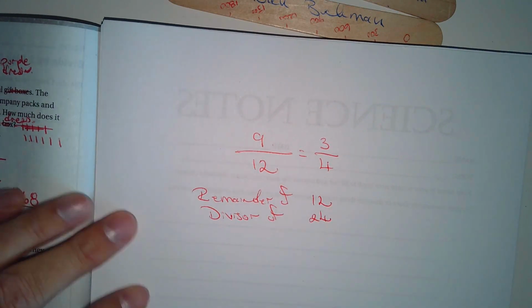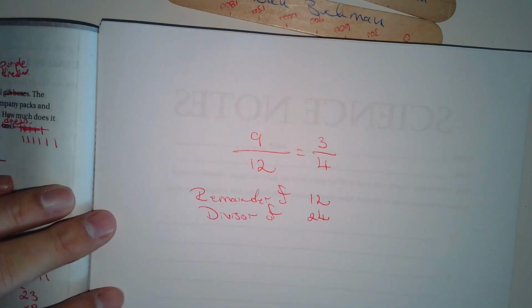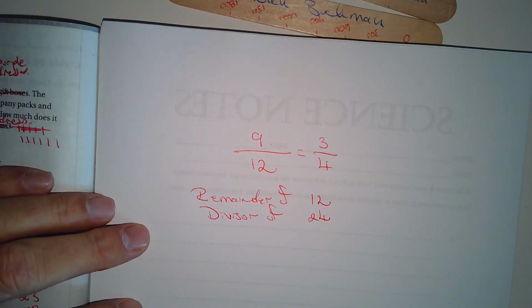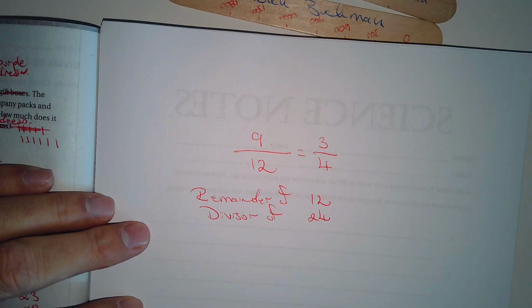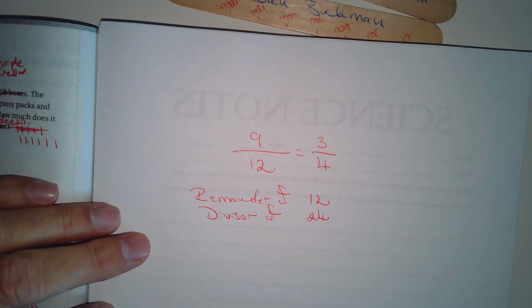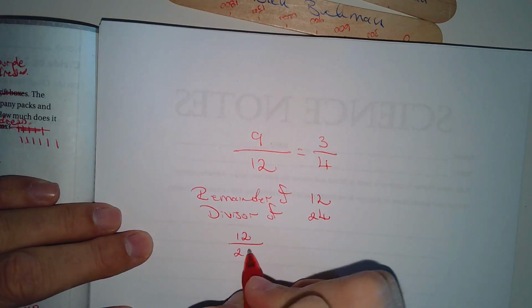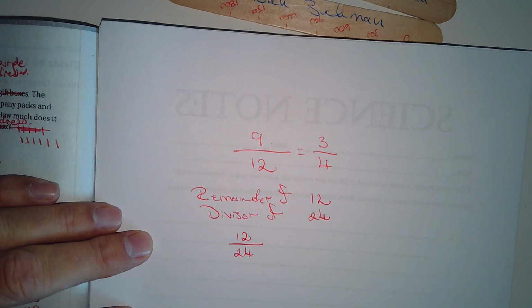Okay, what would that become? Miss Dart, what would that fraction look like? What goes on top? What goes on the bottom? 12 goes on top. Yeah, 12's on the top. What goes on the bottom? Yeah, 24. Good. Now, can I reduce this fraction?